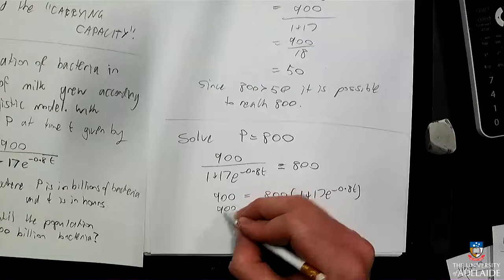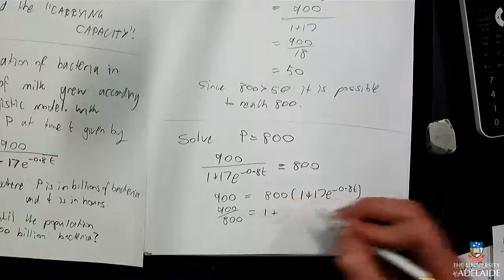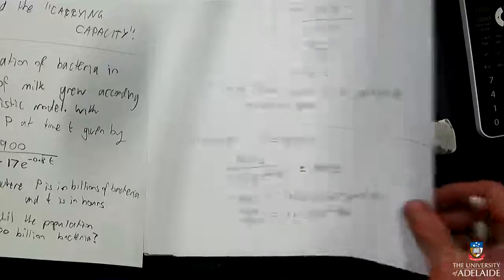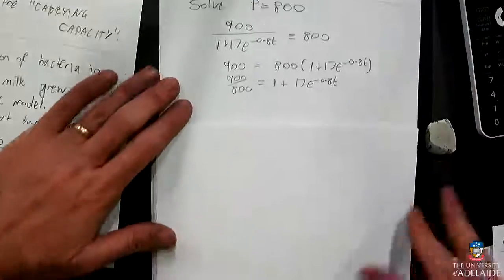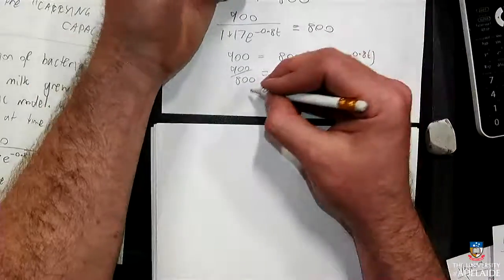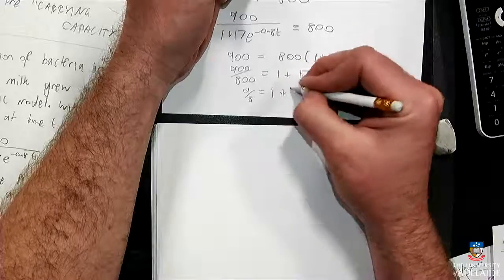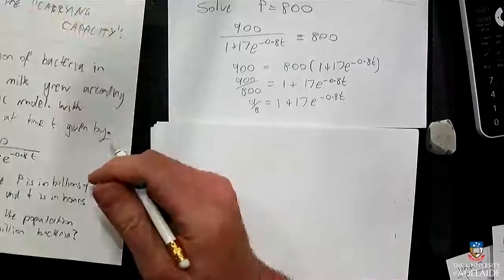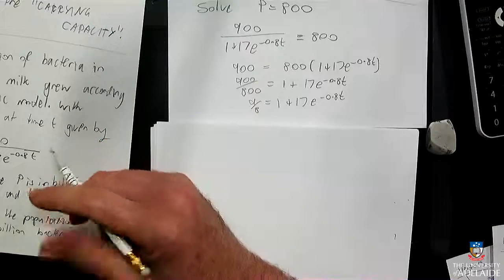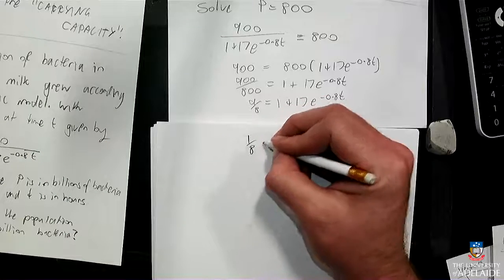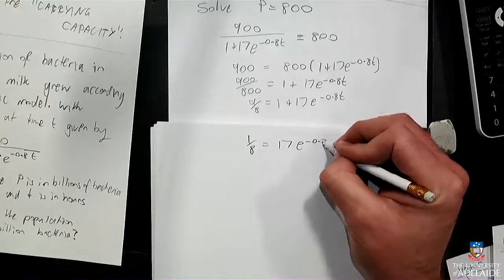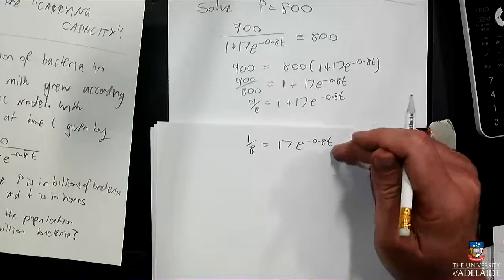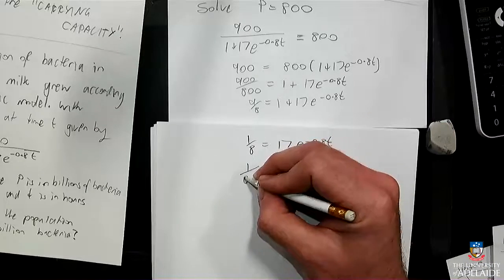So 900 over 800. Beautiful. And then the hundreds will cancel, so that'll be 9/8. All right. So if I subtract 1 from both sides, 9/8 is 1 and 1/8, so that'll be 1/8. Beautiful. And then if I divide everything by 17, that'll be unwrapping even more things from this t. So whatever that is.